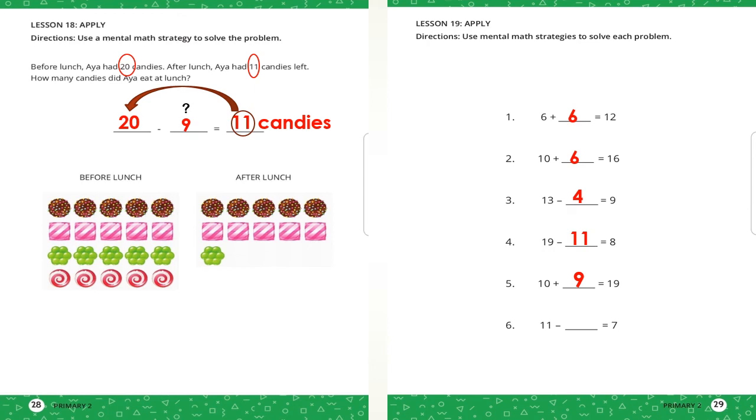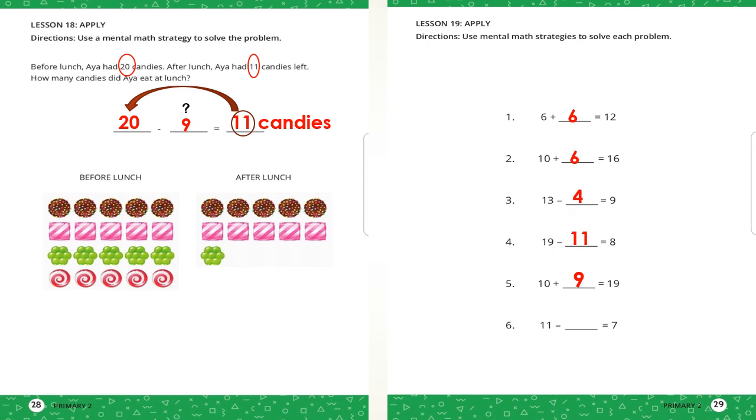After 10, 11, 12, 13, 14, 15, 16, 17, 18, 19. How many fingers? 9. Both ways are correct. We can find it mentally, 10 plus 9 equals 19, and we can find it by counting from small to big.